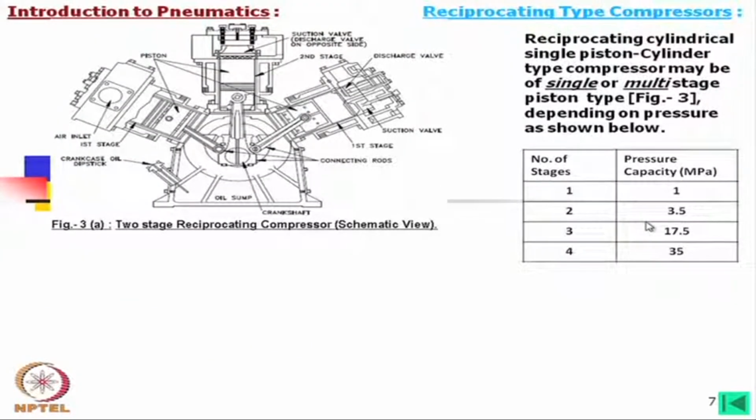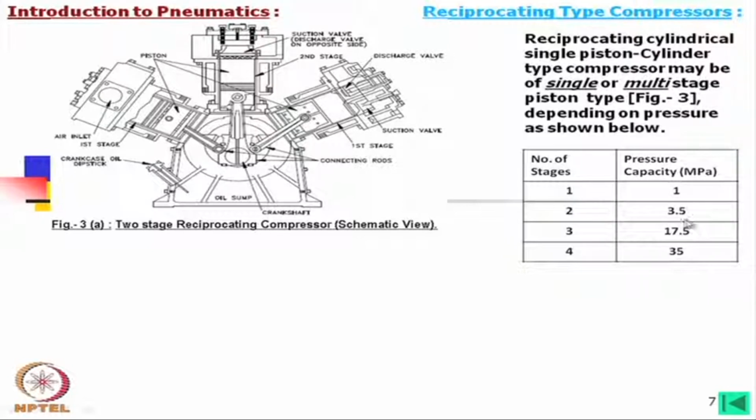Now, if I look into these figures, on the left hand side, figure A shows a reciprocating 2 stage compressor, but before that I would say that depending on pressure capacity, if the pressure is 1 megapascal, usually in that case we can go for single stage.